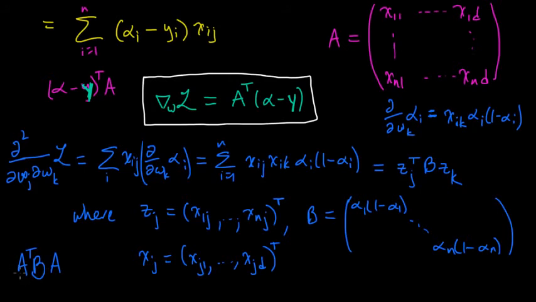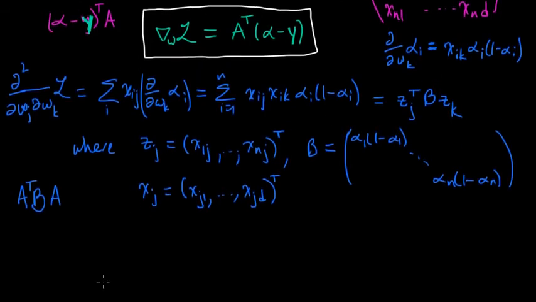So the jkth entry will pick off the jth row in A transpose, then multiply times B, and then the kth column of I. And so we just get back exactly this thing for the jkth entry.